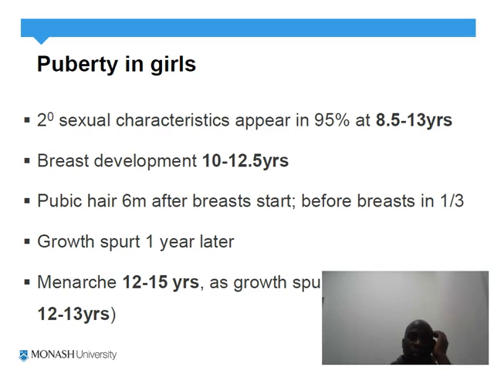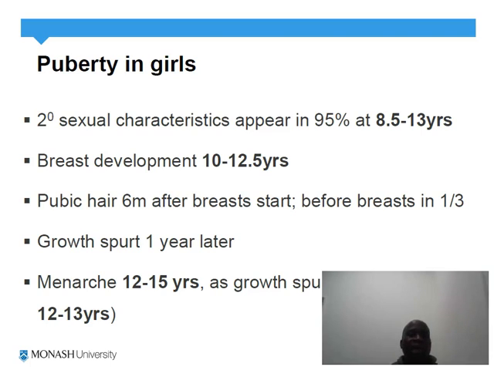What does puberty in girls mean? Basically, this is a time when a girl experiences secondary sexual characteristics development. And this usually appears in 95% of females at the age of 8.5 to 13 years. So, of course, the 5% can vary depending on their situation.